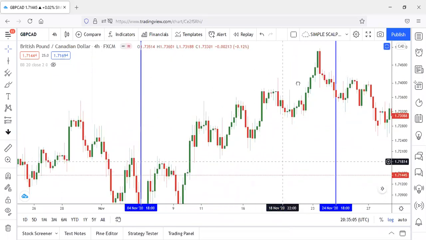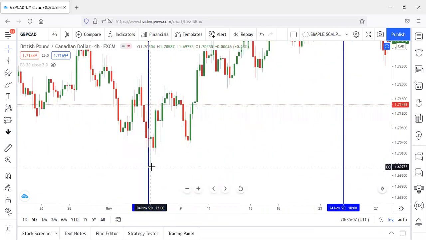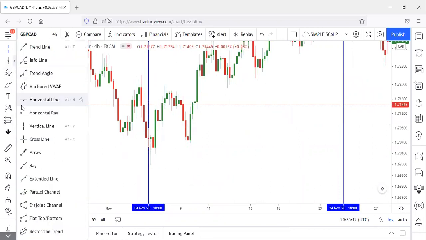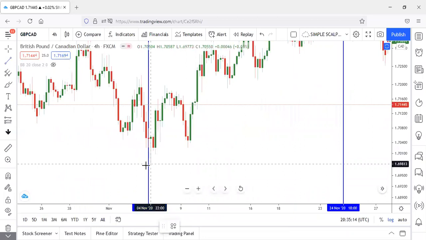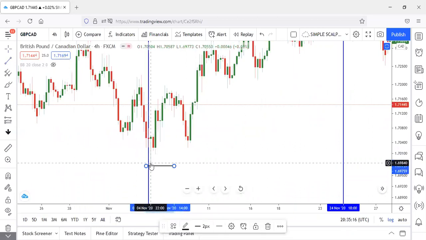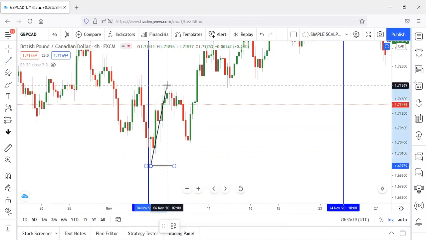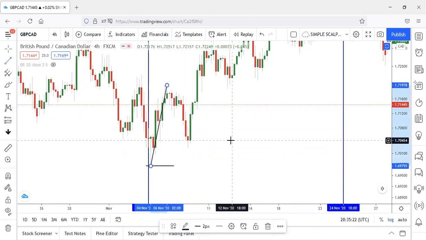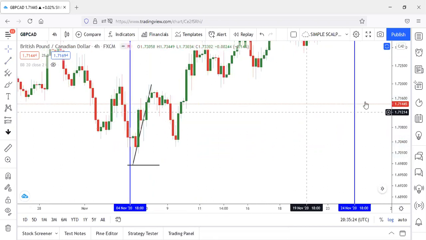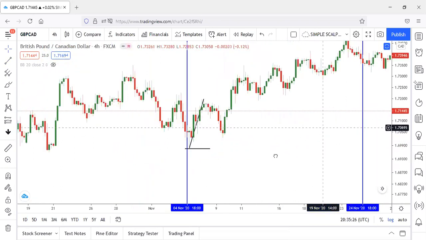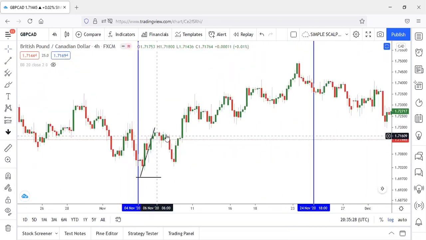Now look at, let's say this is where the market is starting from. Can you see this low right here, guys? So let's say we have an impulsive move right here to this place. Okay, now this is it. We cannot say the market is going up like this.